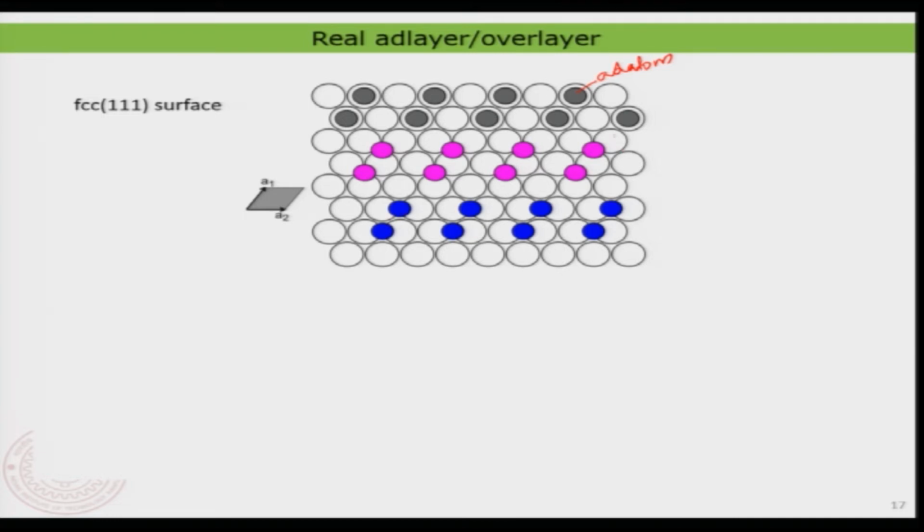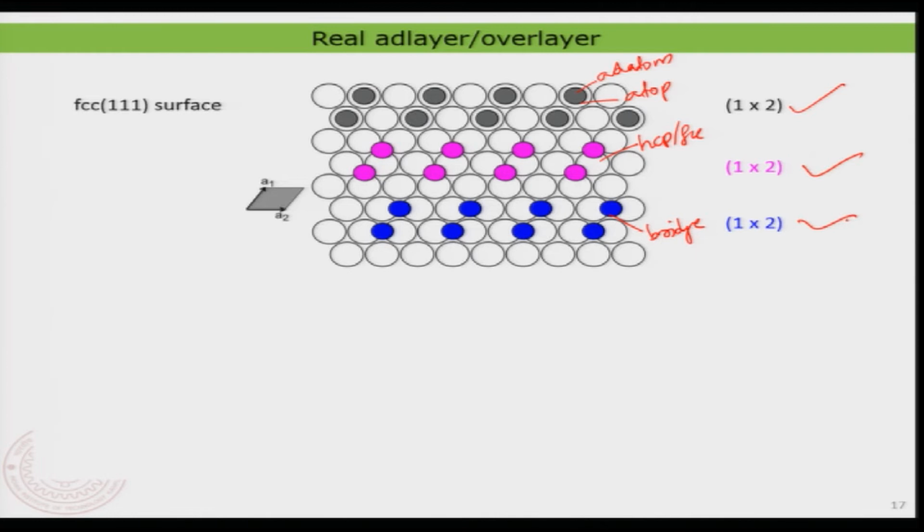So, here I have an add atom at the atop site, here at the HCP or FCC site, and here at the bridge site. So, all possibilities are there. But now the question you would ask is, are they different? No, they are not different, they are all the same, they will all be a 1 by 2 supercell, as you would imagine.